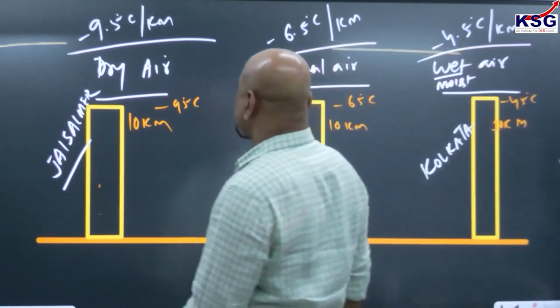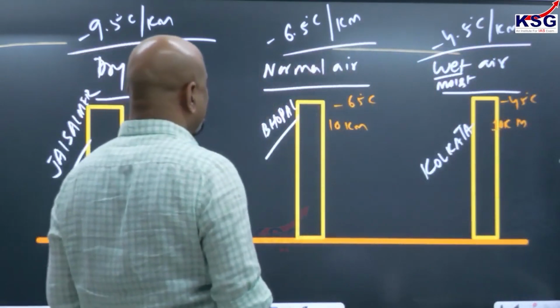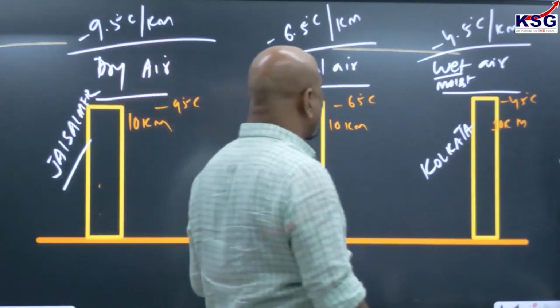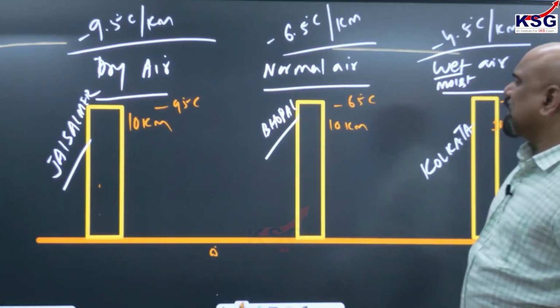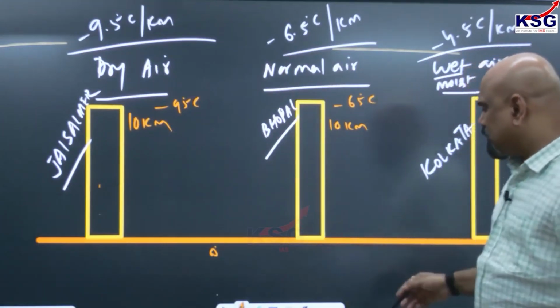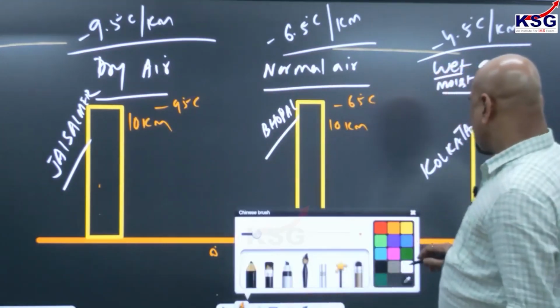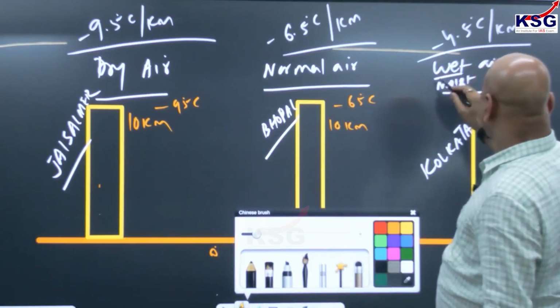In this case, this type of variation, they are asking questions: wet adiabatic lapse rate, dry adiabatic lapse rate, normal lapse rate. This is known as the wet adiabatic lapse rate.